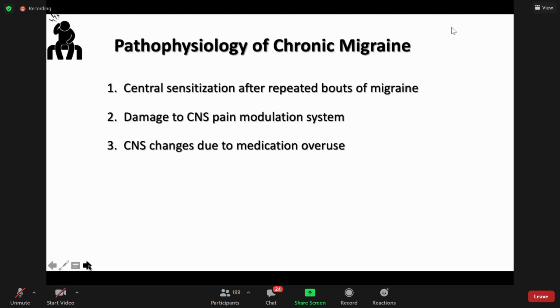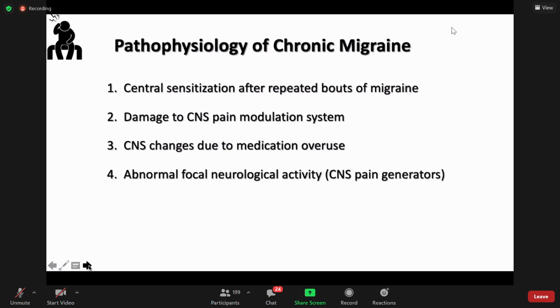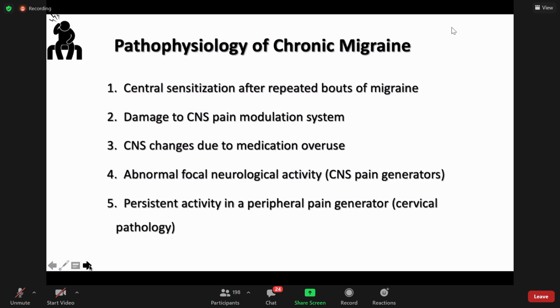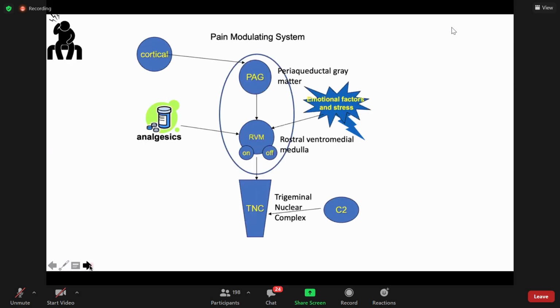As we know, the nervous system has the feature of adaptation. So if you increase the amount of analgesics, they become less effective. They adapt to it. Abnormal focal neurological activity, such as in the pain generators, start firing quickly, or persistent activity of the peripheral pain generator, such as cervicogenic headache, become a trigger for migraine.